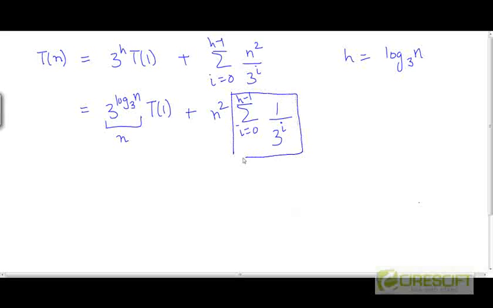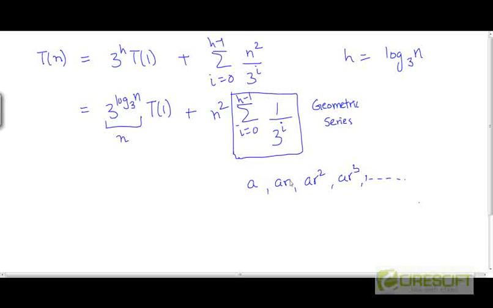Now this series is a geometric series. A geometric sequence is a sequence of terms of the form a, ar, ar squared, ar cubed, and so on, where we have a first term and then each successive term is obtained by multiplying the previous term with some number which we call the common ratio.